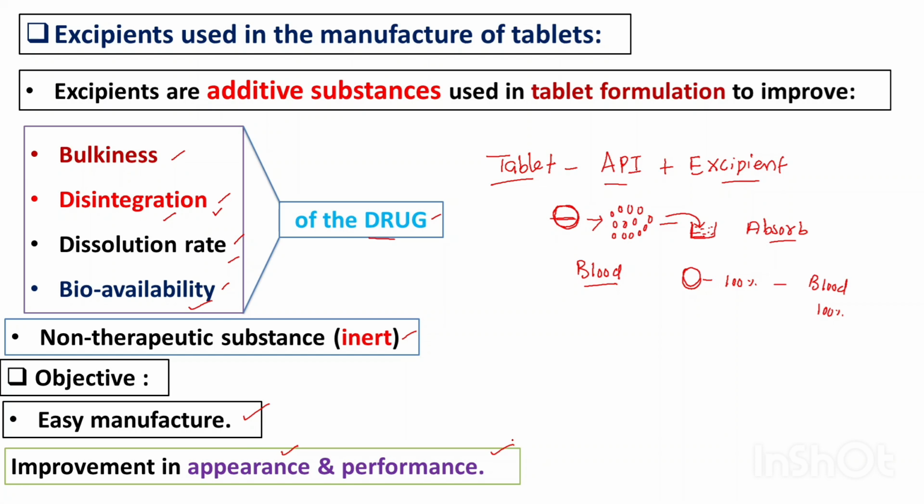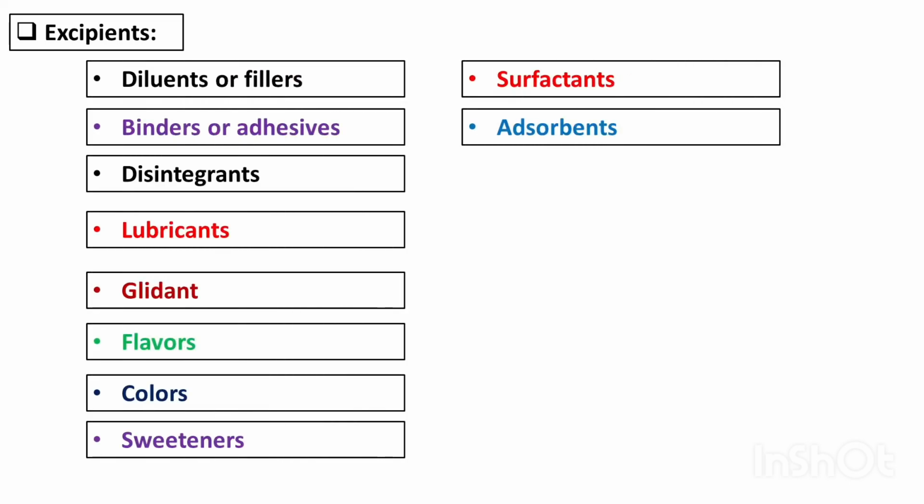So the appearance and performance of a tablet matters to the patient, right? Apart from that, coming to the different excipients, what are the different excipients available for dosage form manufacturing? We will discuss one by one. First of all, the diluents, or so-called fillers.